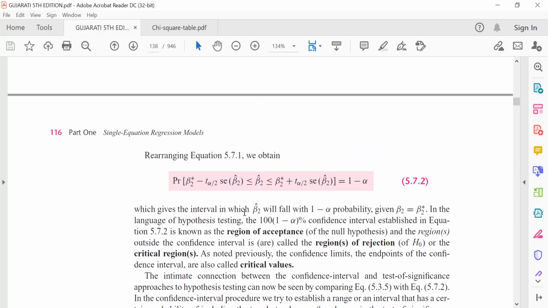In the language of hypothesis testing, the confidence interval established in equation 5.7.2 is now the region of acceptance of the null hypothesis, and the outside of the region is a rejection area of the null hypothesis.